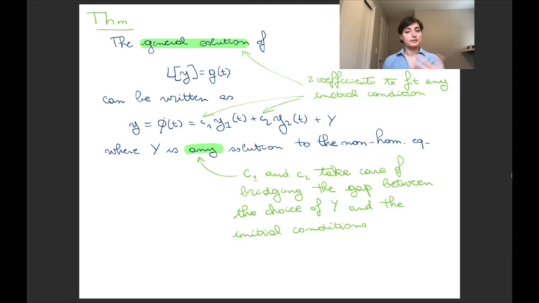C1 and C2, as we already saw for the homogeneous situation, allow you to tweak. You are allowed to choose C1 and C2 such that they match any initial conditions. And this is what we need in order to stretch any special solution of the non-homogeneous equation into the solution that we want of the non-homogeneous equation. This is a very strong theorem. It states that if you can solve the homogeneous equation, and if we can solve once the non-homogeneous equation, then we're done.